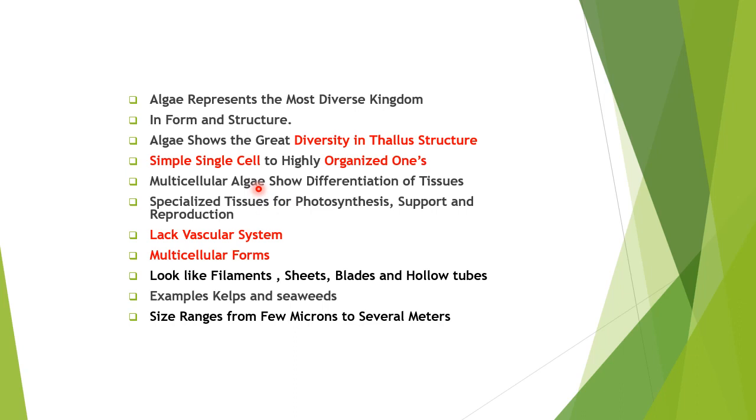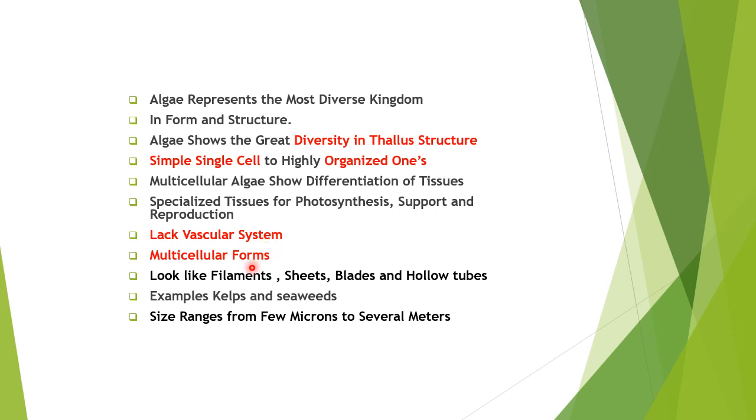We have multicellular algae, which show differentiation of tissue, but those specialized tissues are meant for photosynthesis, support and reproduction. Mind you, they lack a vascular system. That means these organisms do not have xylem and phloem.